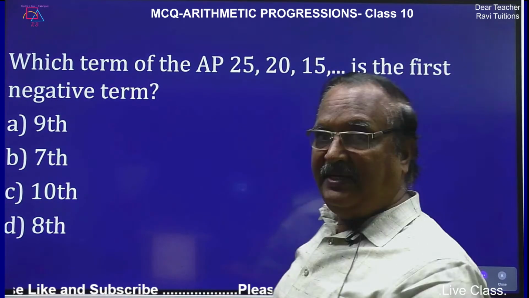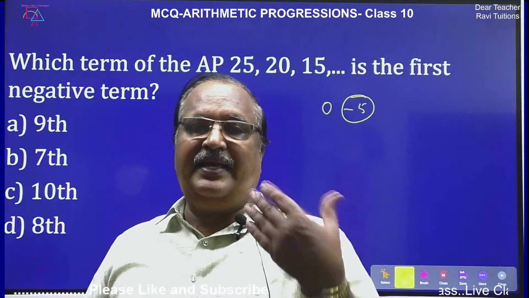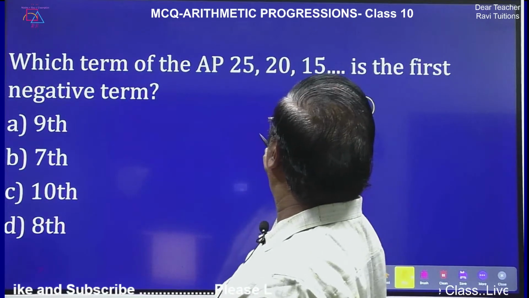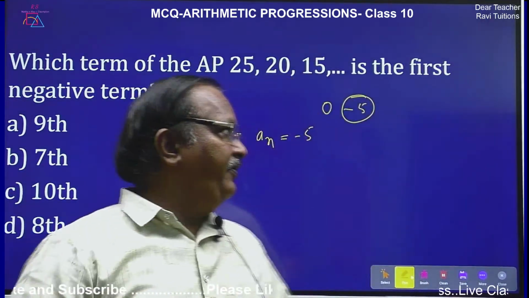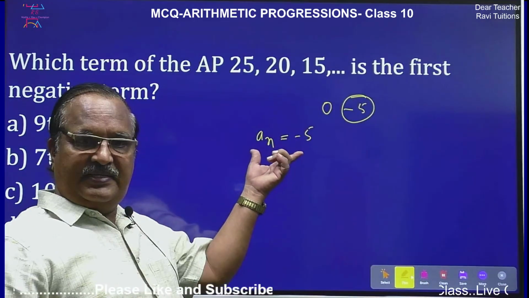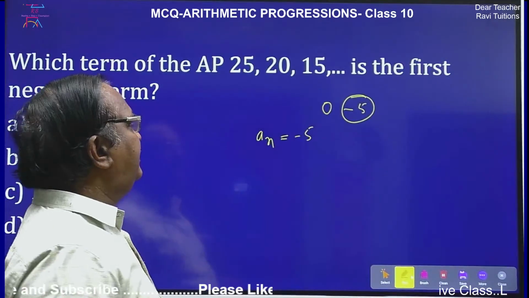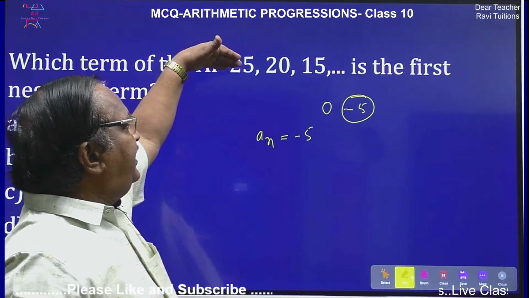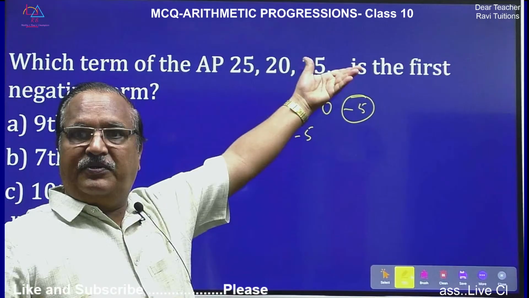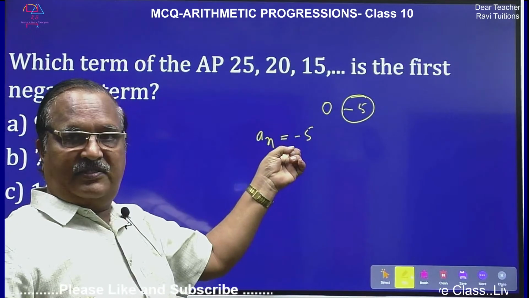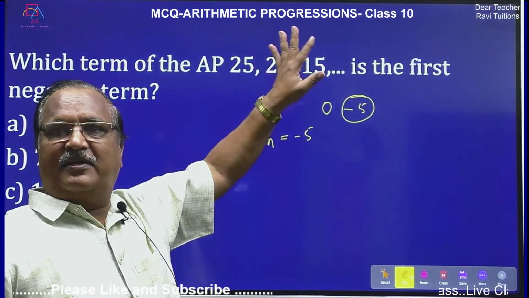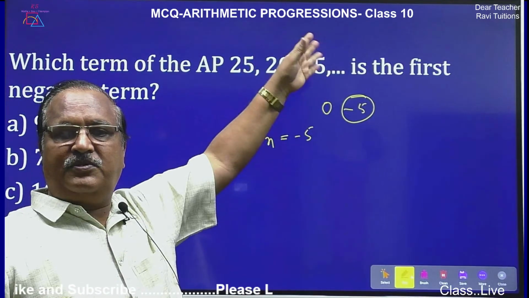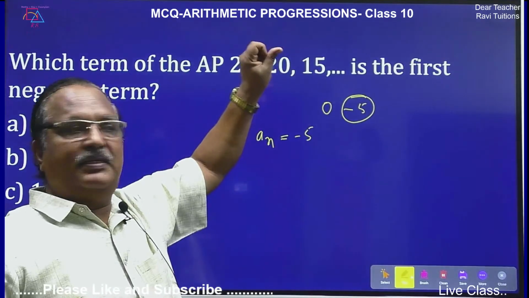So minus 5 is the first negative number. So which term? That means an is equal to minus 5. If you get this, you will be getting the answer. So logically you have to find that minus 5 is a term, because it is given as a multiple of 5. If it is not a multiple of something, then you have to apply the concept of the multiple, right?